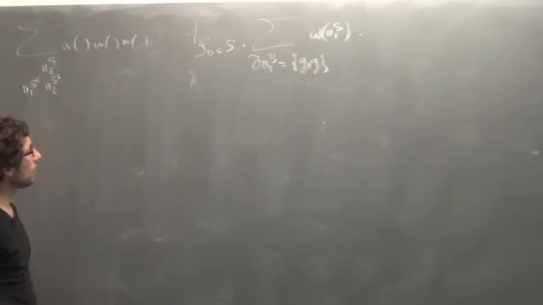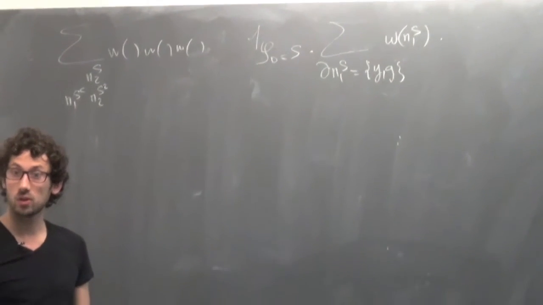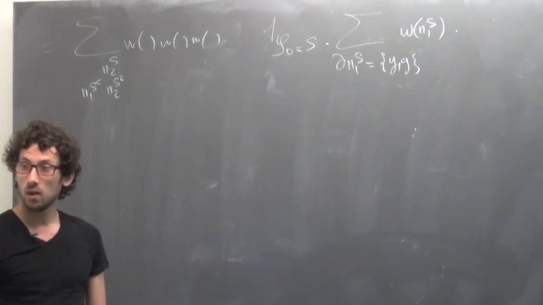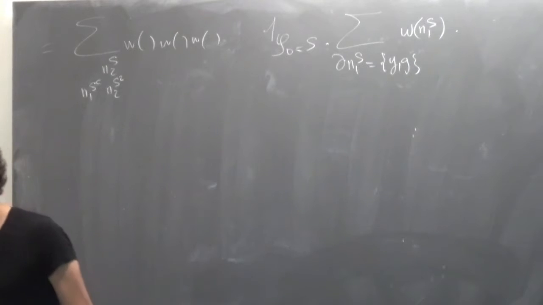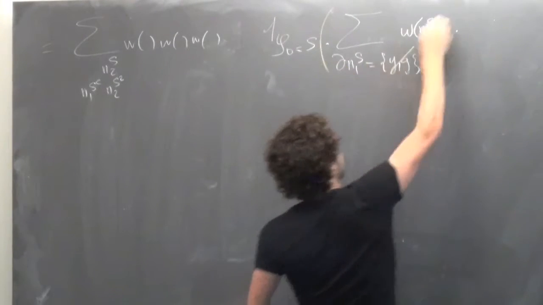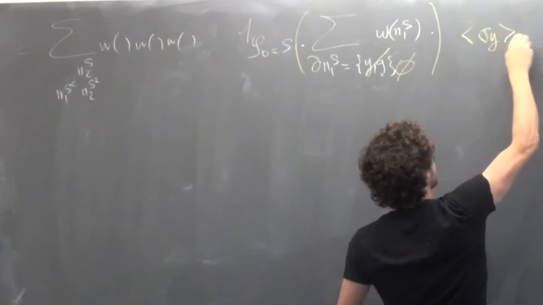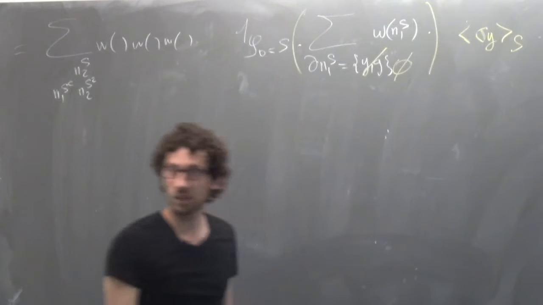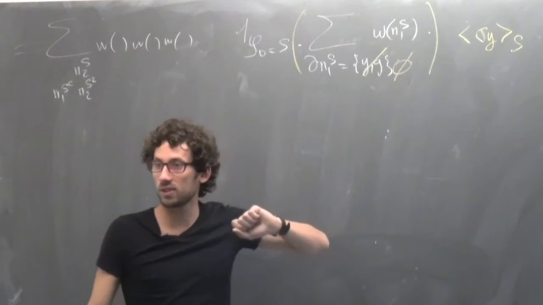Good. So how can I express that with the source? How can I make the source disappear? Well, it's not very difficult. I can make the source disappear if I pay a very explicit term, which is just sigma y s. Sigma y s is equal to that divided by the thing with sourceless.